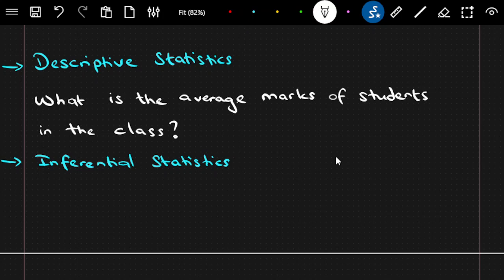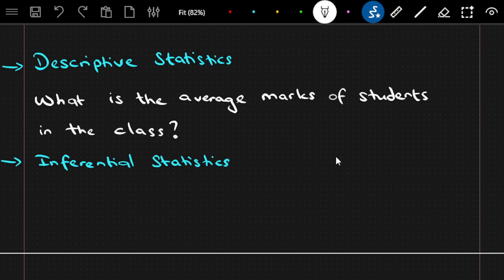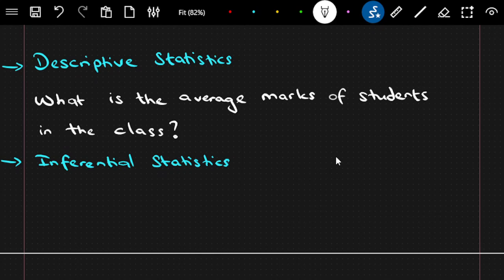It's not a direct question. For instance, we can say, are the marks of the students in this classroom similar to the marks of the math students of the whole college? This is a comparison. We have to do a test. We have to compare. We have to form conclusions. So this is a type of question that gets into inferential statistics.